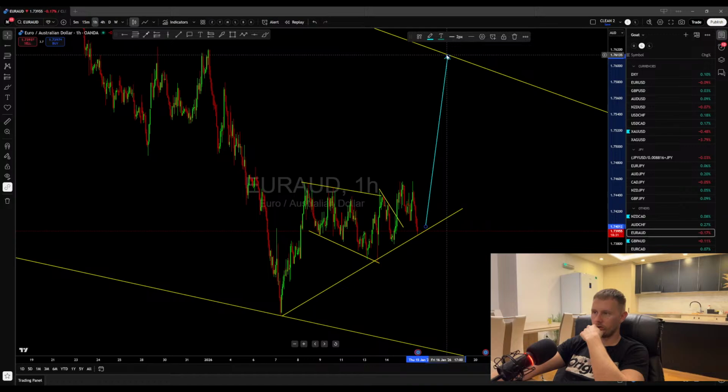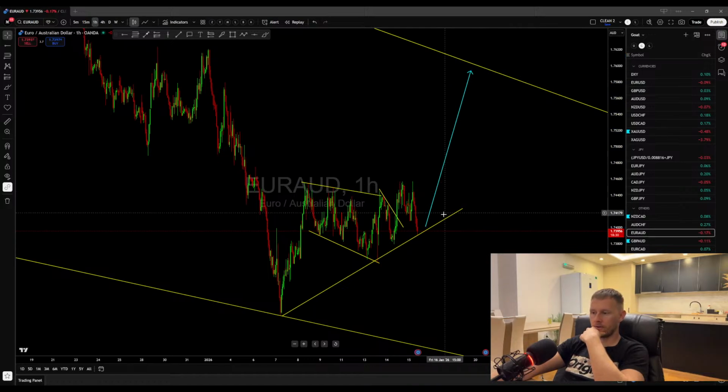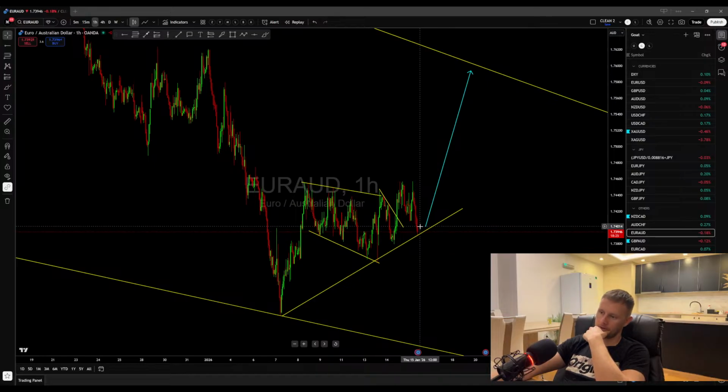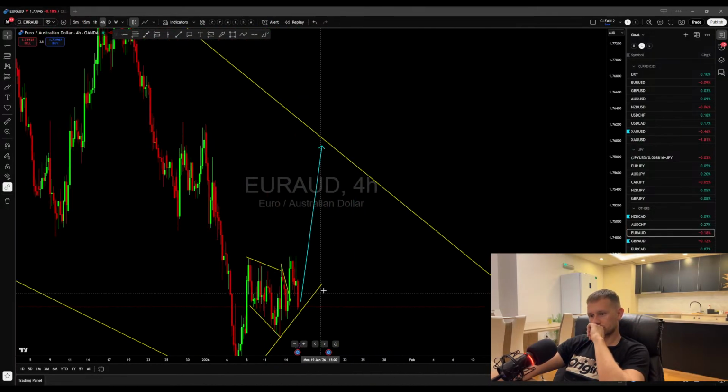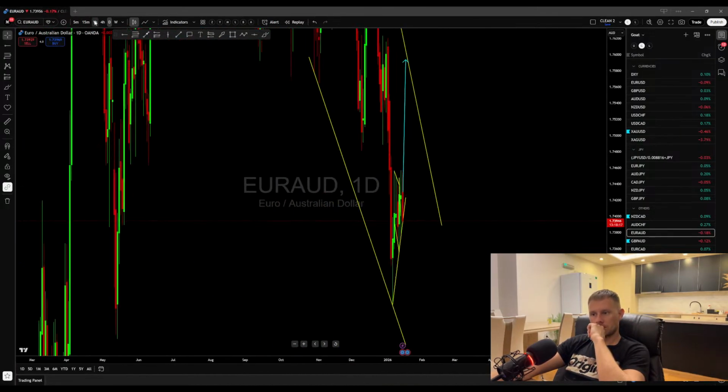EURUSD. This one, I think it can go up. I'm not trading it personally. Is there the buy? Yes, probably it is, but let's see.